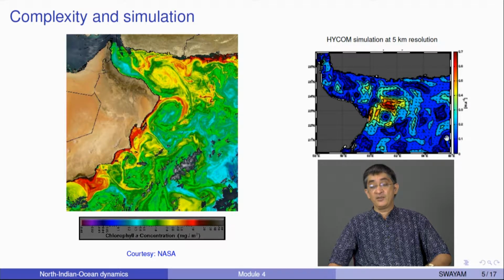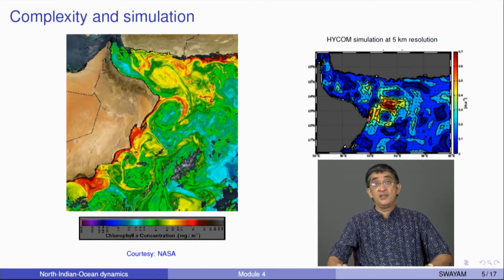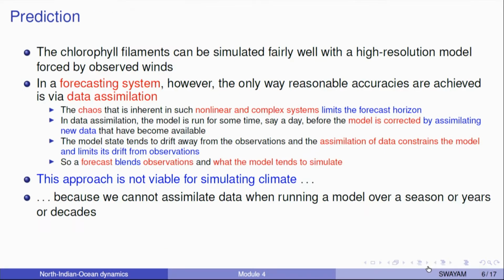This is at 5 kilometers. So this is something we actually want to be able to do, to be able to simulate what we are observing. And a nonlinear model is capable of doing that today. These chlorophyll filaments can be simulated fairly well with a high resolution general circulation model forced by observed winds.